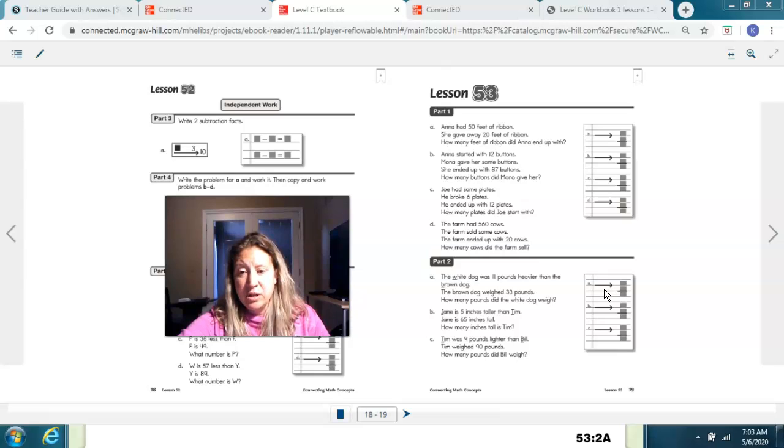Okay. So now we can replace either the B or the W. Let's look back at the story. Who does it tell you about? It tells you about the brown dog, right? The brown dog weighed 33 pounds. So go ahead and replace your B with 33.